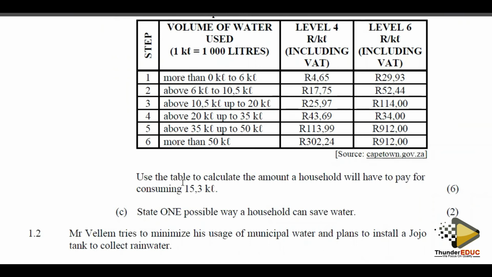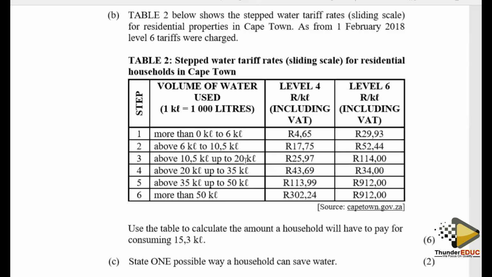Use the table, calculate the amount a household will have to pay for consuming 15.3 kiloliters. As I told you, we need to look for the maximum kiloliters, but you might not finish them all. Why? The number we are dealing with gives you a bracket where it's going to stop.